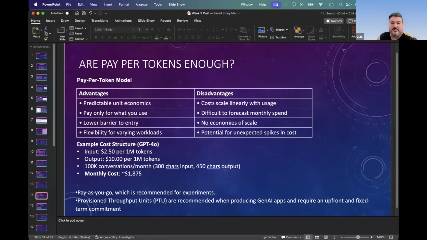Pay per token is good enough for people who are experimenting and doing things like that, and people who rely more on vibe coding, etc. But what is really recommended, and again, I see this everywhere, for when you go to production is something called provisioned throughput. Provisioned throughput units are recommended when you're doing something in production that's going to require stability, scalability, and a fixed term commitment.